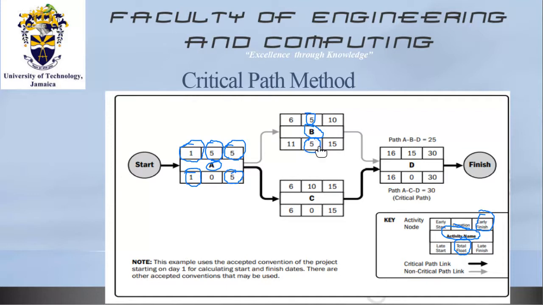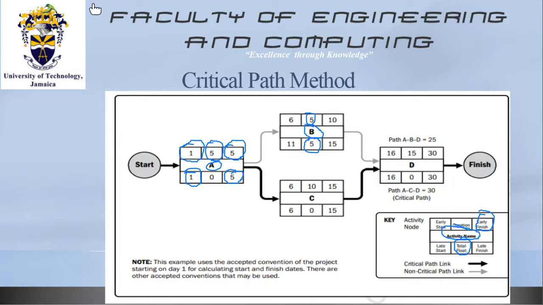But you don't want to do that, because if you use up your 5 days of float or 5 days of slack, you may very well put activity B on the critical path. You do not want to put any of your activities on the critical path, because if any activity on your critical path is delayed, your entire project is going to be delayed by that amount of days.